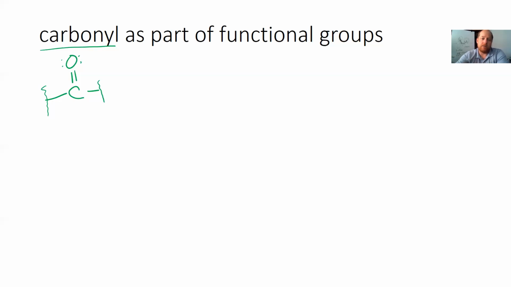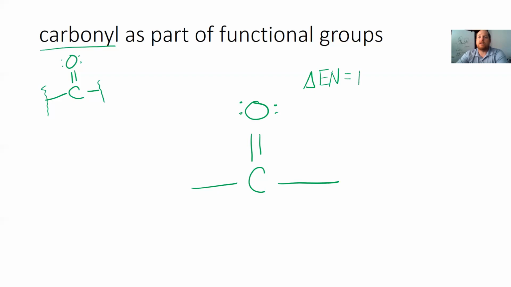And the carbonyl group is a really good example of this, because if you take that carbonyl carbon-oxygen bond, and I'm going to draw it a little bit bigger, there's a big key here. If we look at the electronegativity difference between these two atoms, the delta EN, from way back in 101, will equal the electronegativity of oxygen minus the electronegativity of carbon.